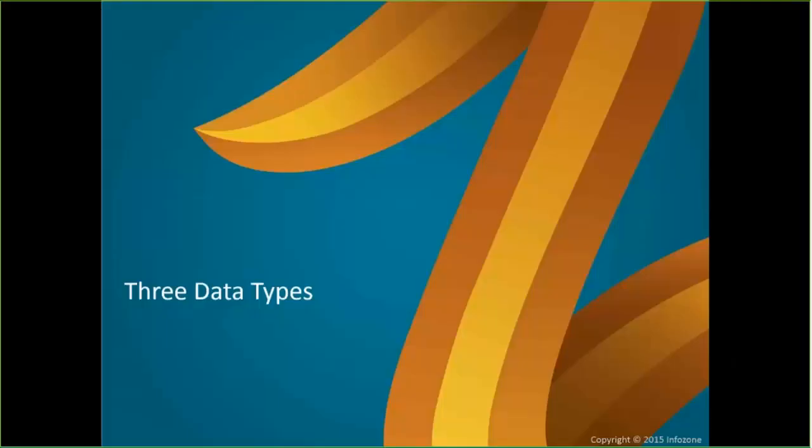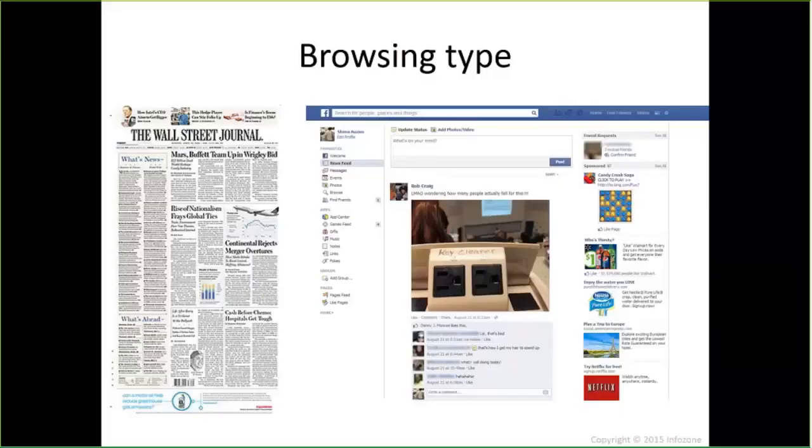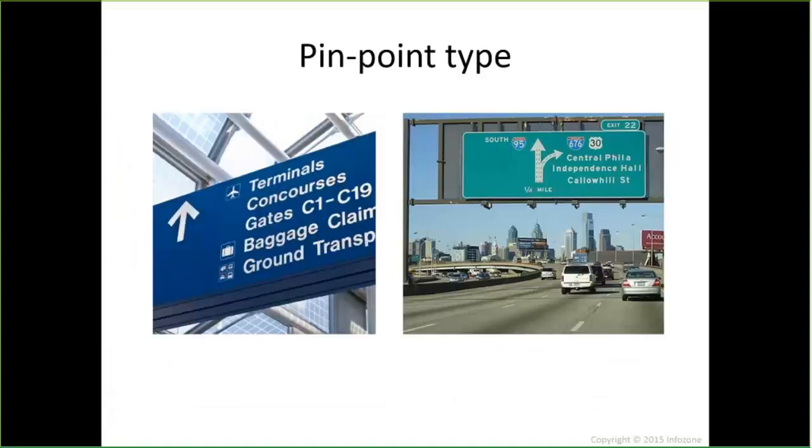So going to the data types for the BI, I was going through different types of data, and I categorized them into 3 different buckets. The first one I would call a browsing type. It could be the newspaper or it could be Facebook. The second one is a pinpoint type, which could be the signage at the airport or on the highway.